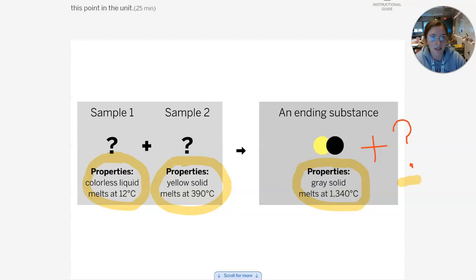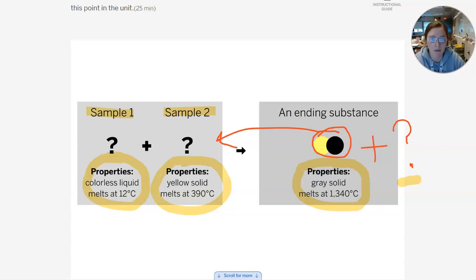Are my properties the same or different? They're different. So if my properties are different, can either sample be made up of this molecule? Can I see this over here? Yes or no? Absolutely not.